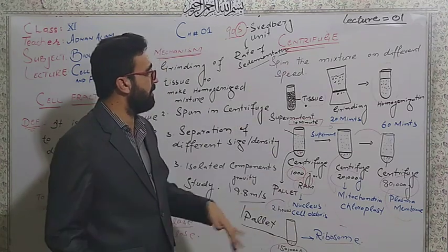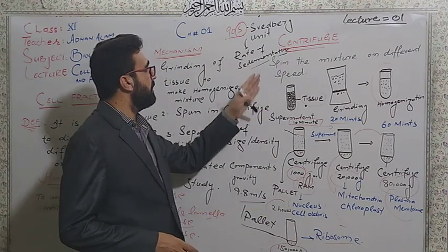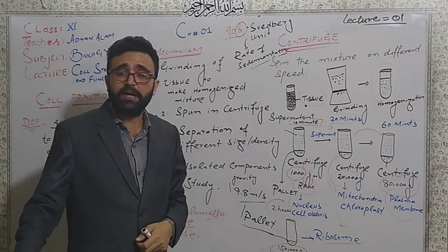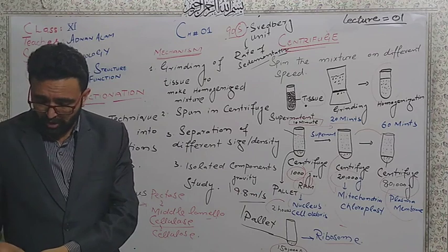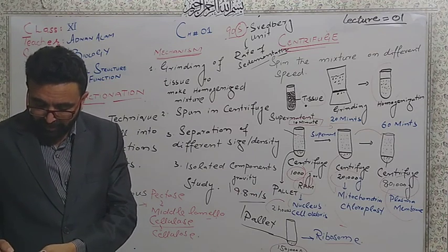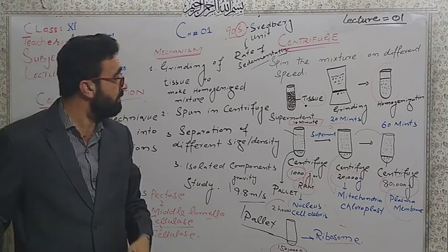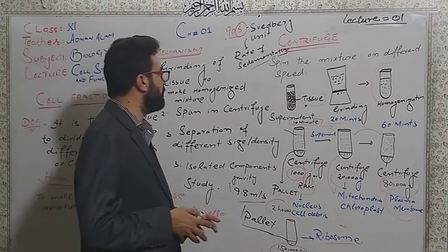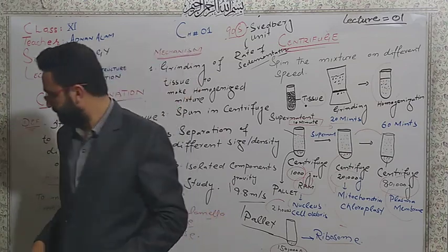So by this way we completed the centrifugation, but this is not the only type of centrifugation. This is differential centrifugation. Now we will discuss density gradient centrifugation. So let's study.